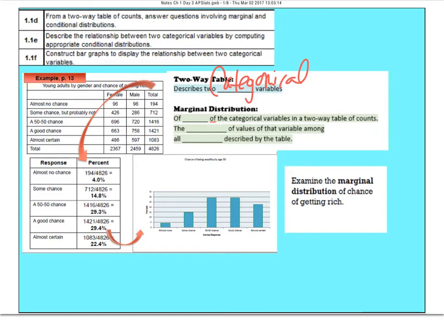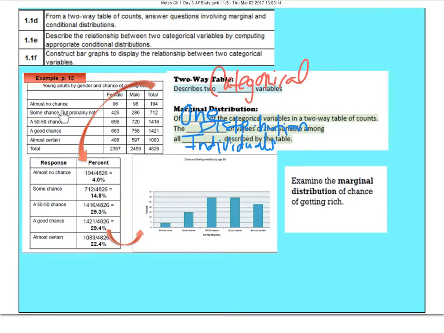Now, the marginal distribution is of one of the categorical variables in a two-way table of counts. You're going to look at the distribution of the values among all of the individuals described in the table.